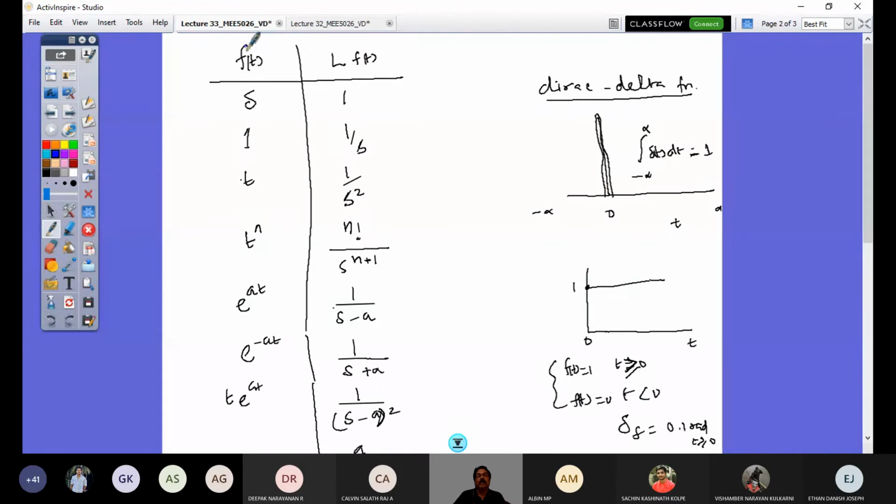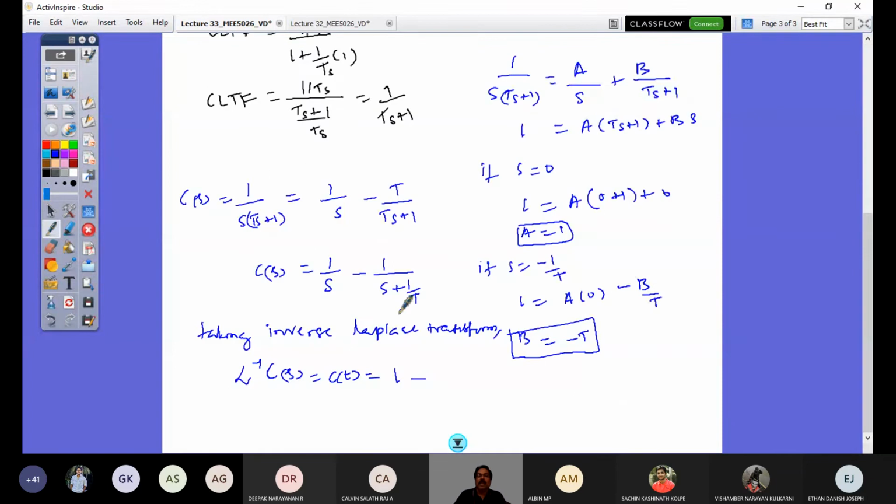So now since it is 1 by s, this is going to be 1 minus the inverse Laplace transform of 1 by s plus a. Then it is going to be e raised to minus at.